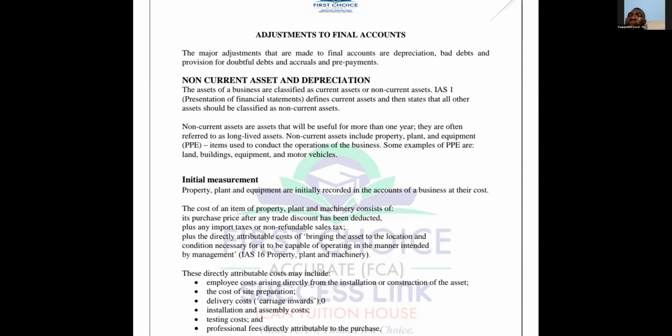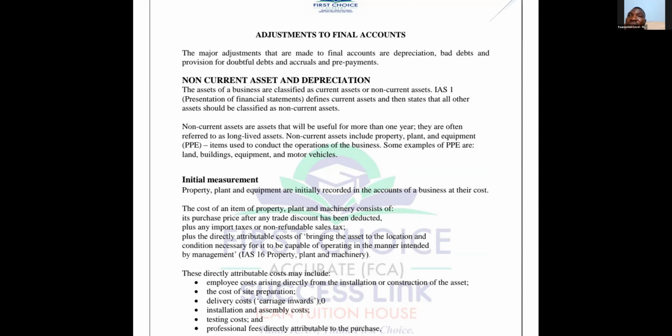Now it says whenever you purchase an asset, and that item that you purchase fulfills the recognition criteria, which means that it is measurable. Number two is that it is in line with the definition of the element. If it's in line with the definition of the elements and is measurable, then you can go ahead and recognize it in your financial statement.